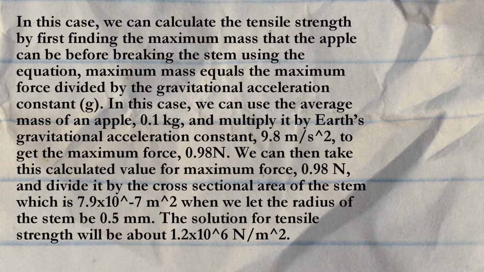We can take this calculated value for the maximum force, 0.98 newtons, and divide it by the cross-sectional area of the stem, which is 7.9 times 10 to the negative 7 meters squared. When we let the radius of the stem be 0.5 millimeters, the solution for tensile strength will be about 1.2 times 10 to the 6th newtons per meter squared.